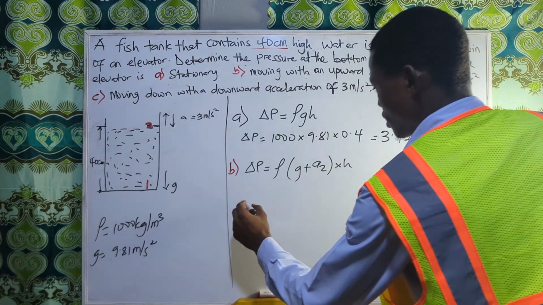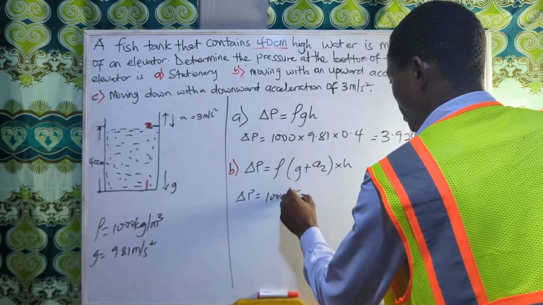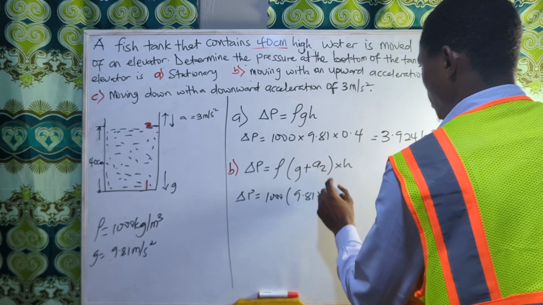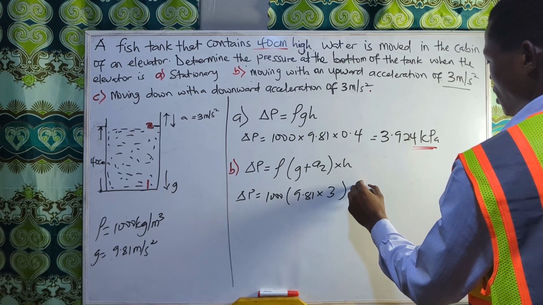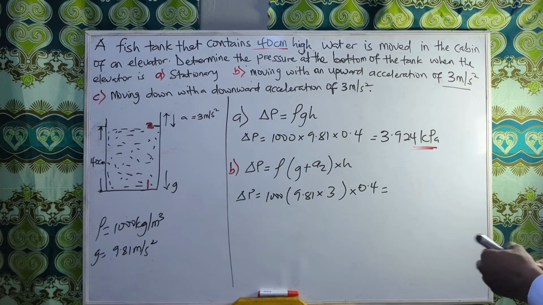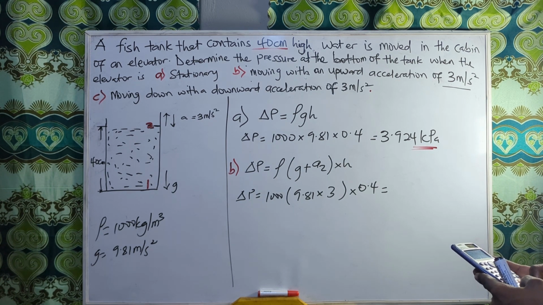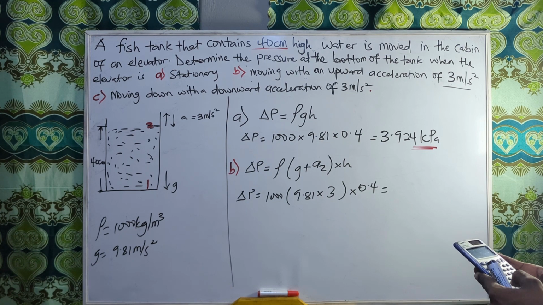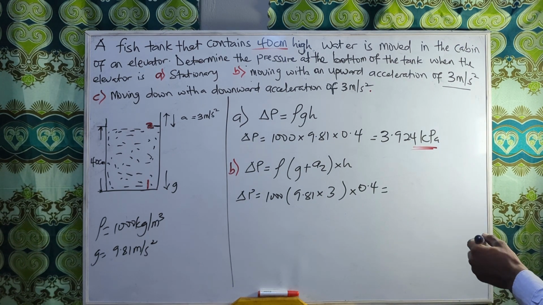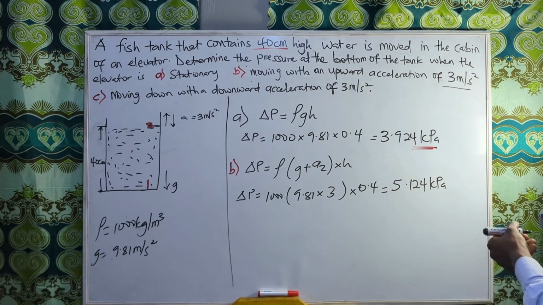You get me? So this is going to give us 1000 multiplied by 9.81 plus 3, times 0.4, which is going to give us 5.124 kilopascal.